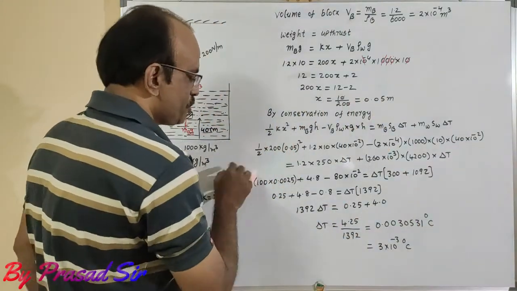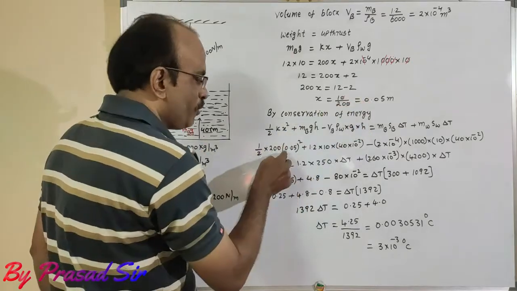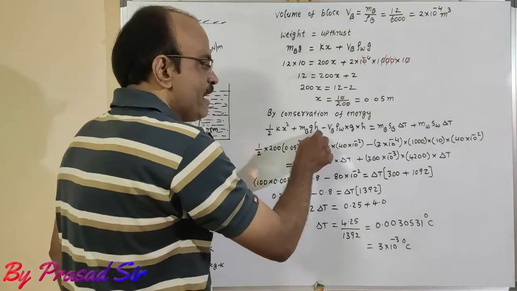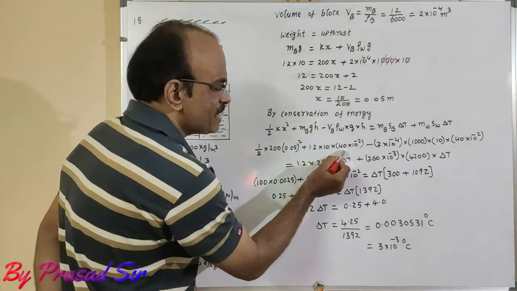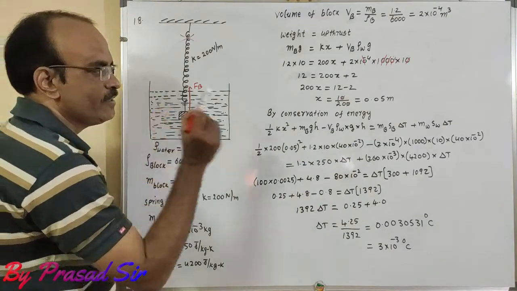Now here substitution. Half into k, already we know 200, x we got 0.05, plus mass of the block 1.2, gravity 10 and height, that is 40 into 10 to the power of minus 2. Why? This is the height we will take.